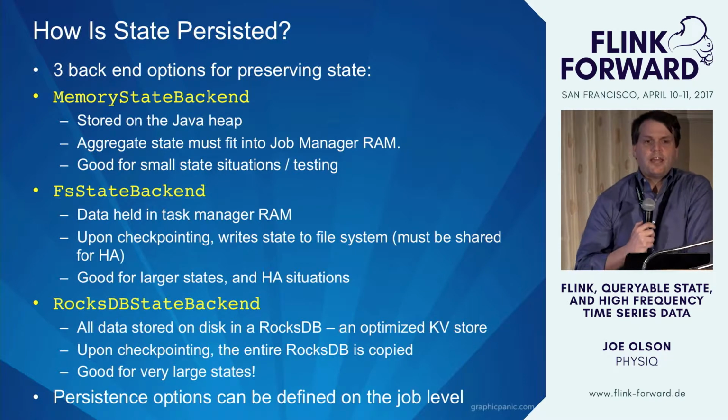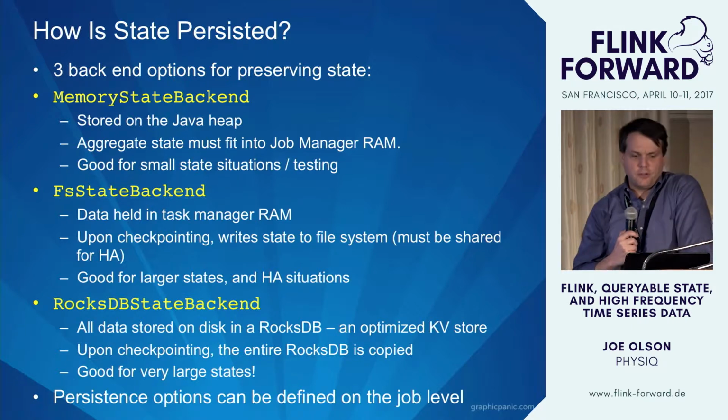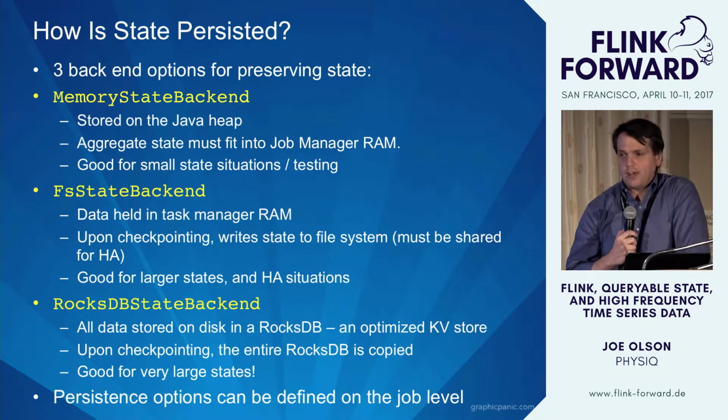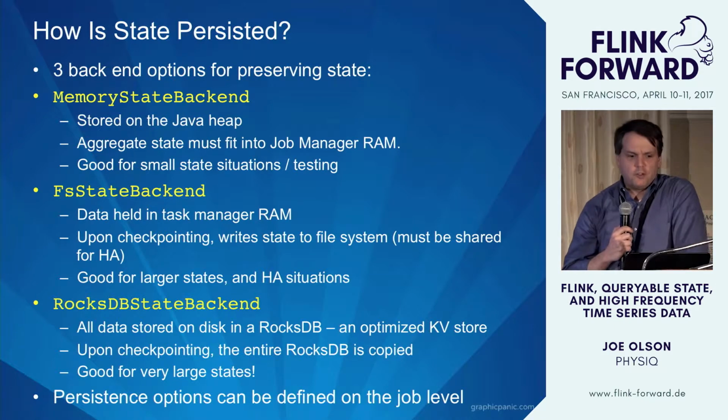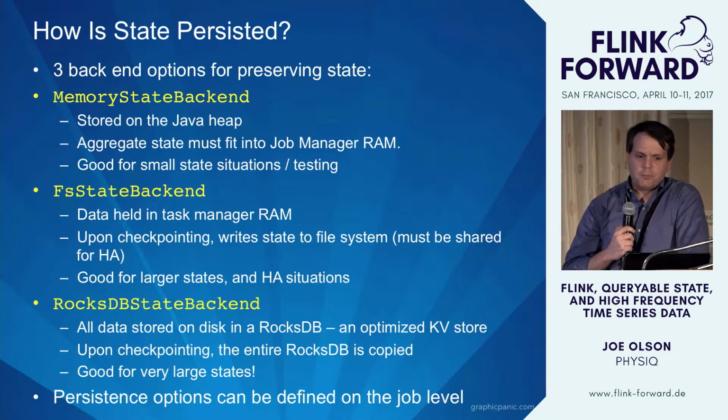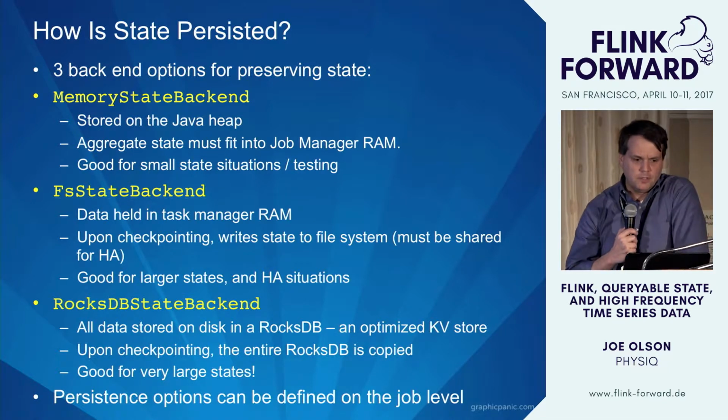Basically, anything you're measuring on the patient or on your stream gets stored on the Java heap. The aggregate state in that case must fit into the RAM of the job manager. So if you're holding simple values, as long as your values are primitives that can be stored in RAM, this is a good choice for your state backend. It's also good for testing because it's fast, it's simple, and you can set it up without too much problem.